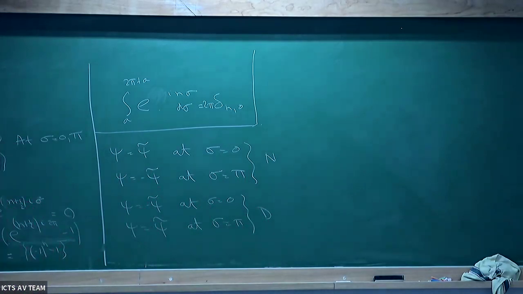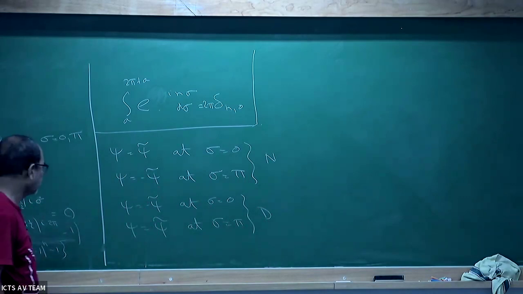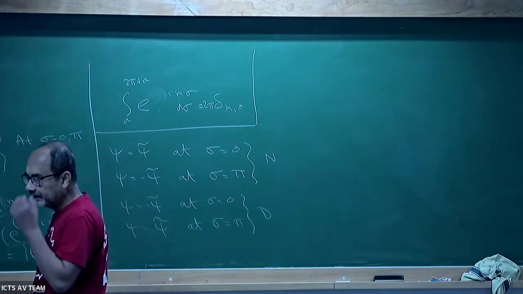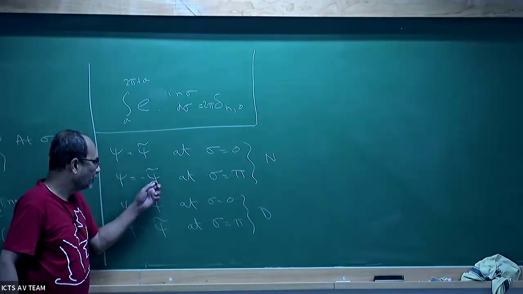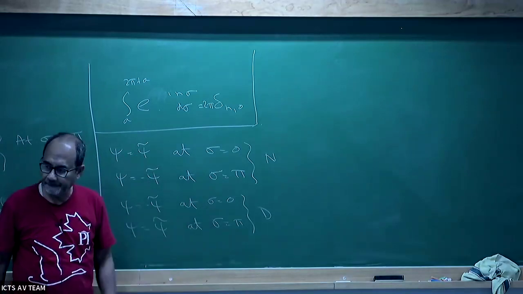Generally that means psi equals psi tilde or psi equals minus psi tilde for my condition. But here we are saying that even if the boundary condition is Neumann, that is fixed by x, you have to allow also a different boundary condition on psi, where you change the equality of psi and psi tilde to one with a minus sign at one end.